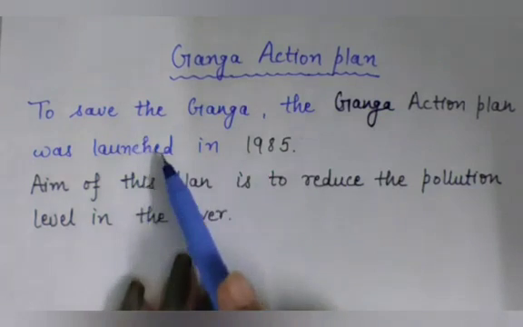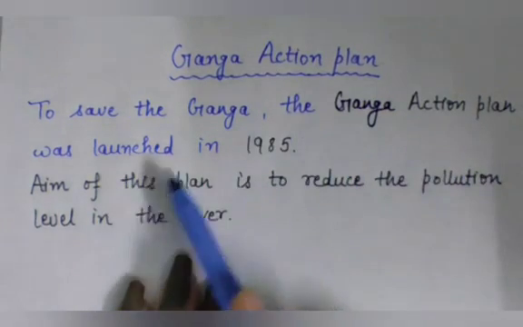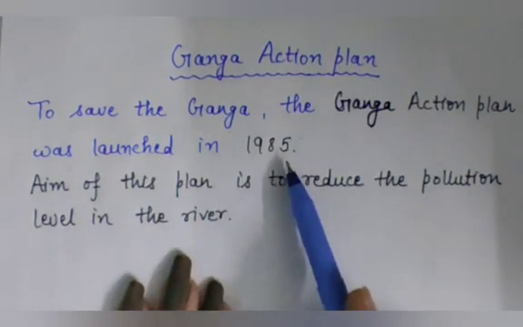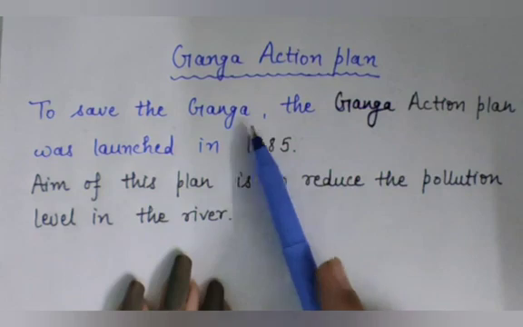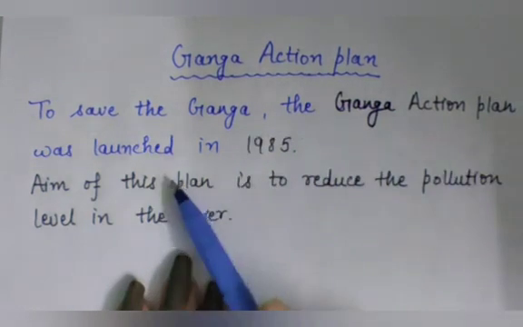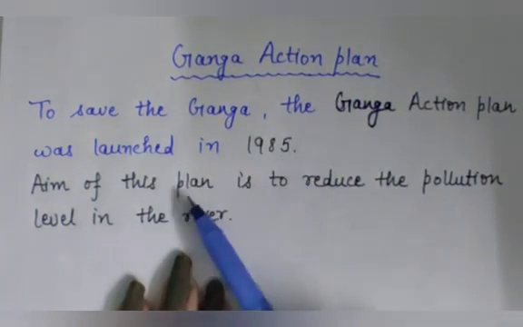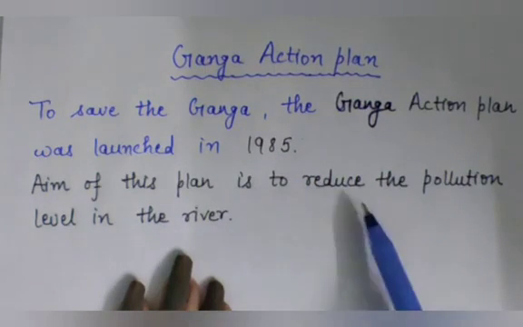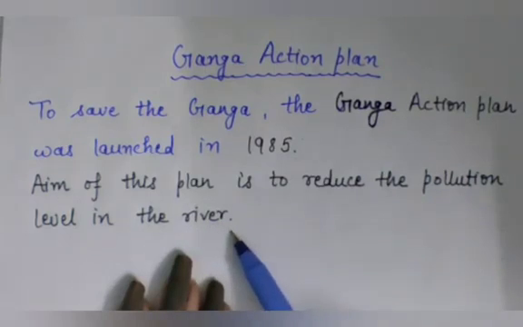And to save the Ganga, the Ganga Action Plan was launched in 1985. Okay, what is Ganga Action Plan? It was launched in 1985, and the main aim of this plan is to reduce the pollution level in the river.